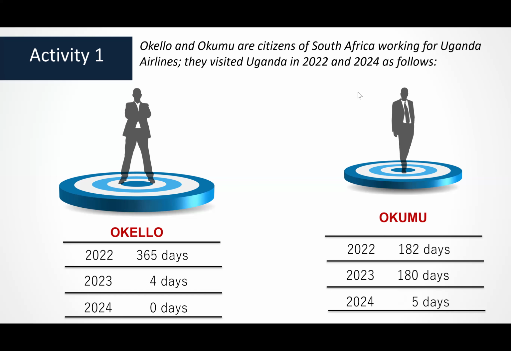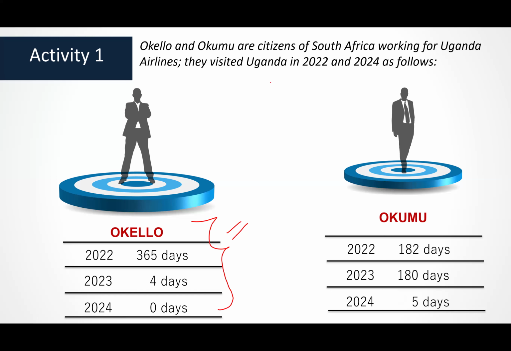2024, who is resident? Now here they have made the 3 years. Let's first of all add the number of days in total. Let's go for Okelo. How many days on Okelo? 369.